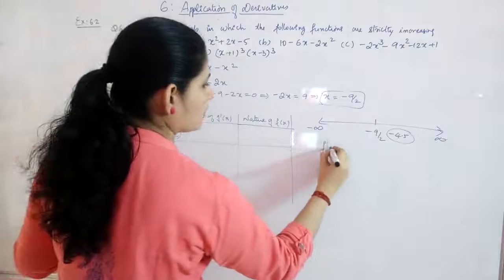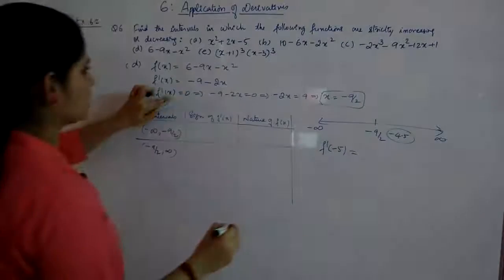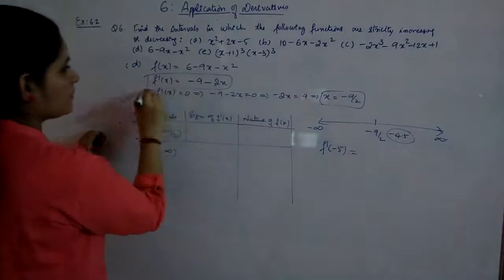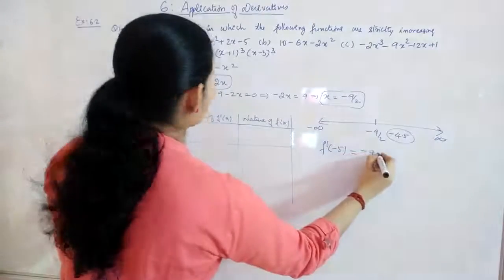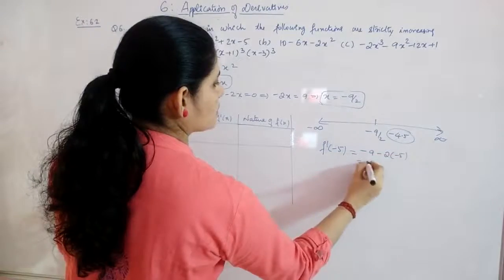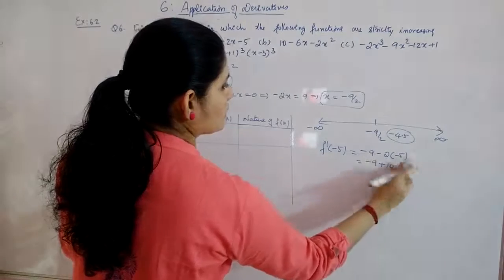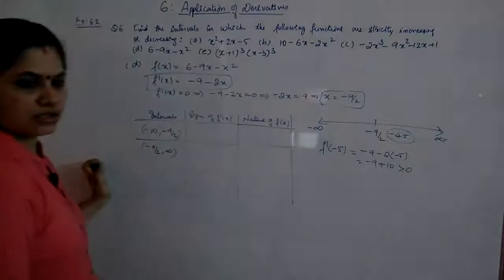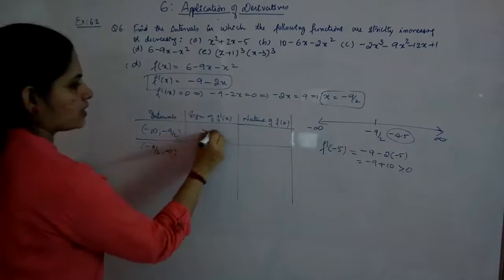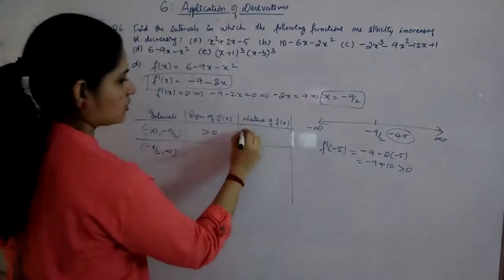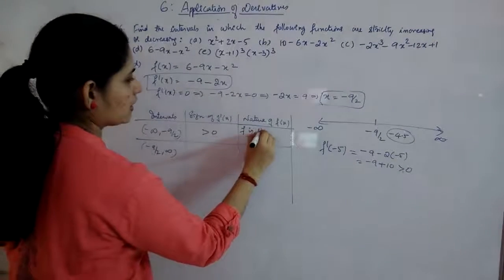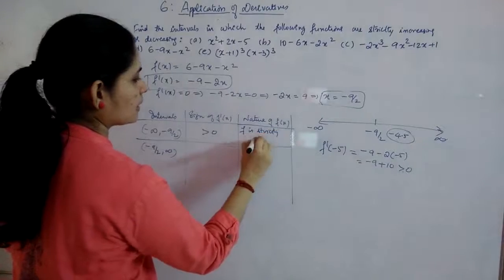So we'll check for the point -5 in your f dash of x. This is your f dash of x: -9 minus 2 into -5, which is -9 plus 10, which is greater than 0. So the sign is greater than 0, or you can say that the function is strictly increasing.